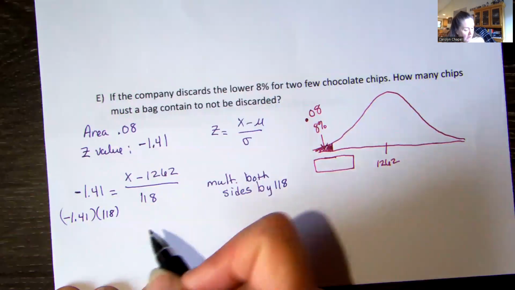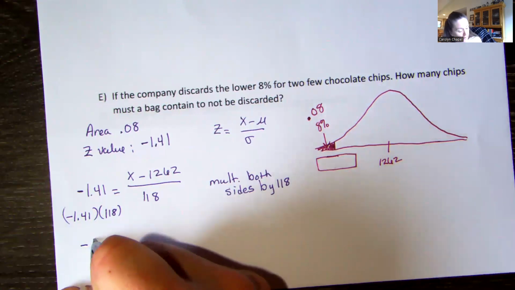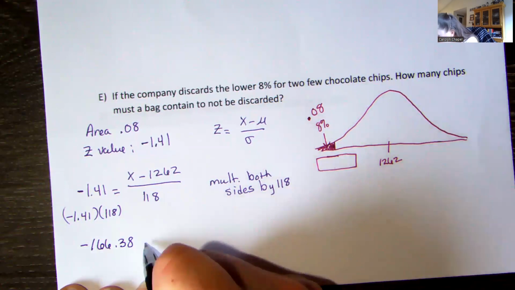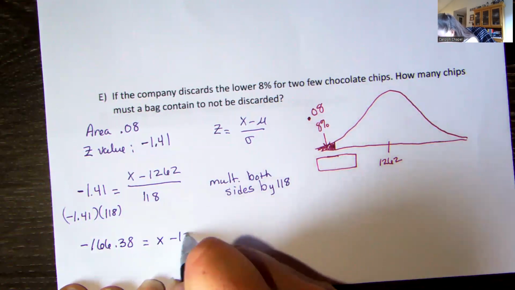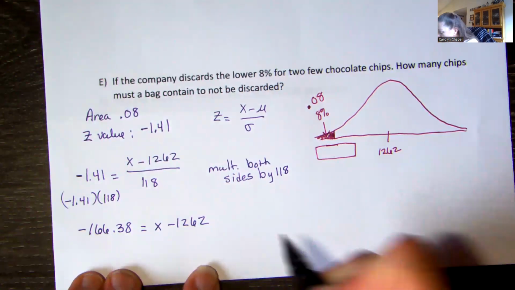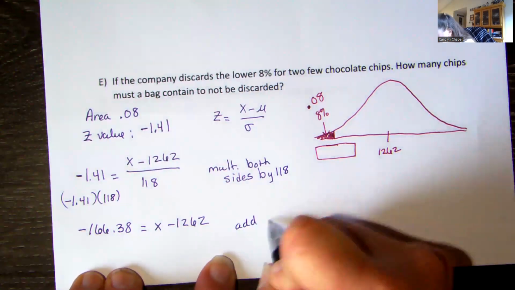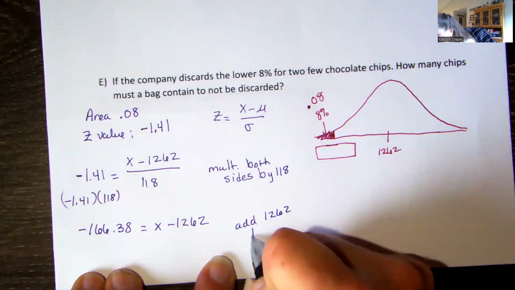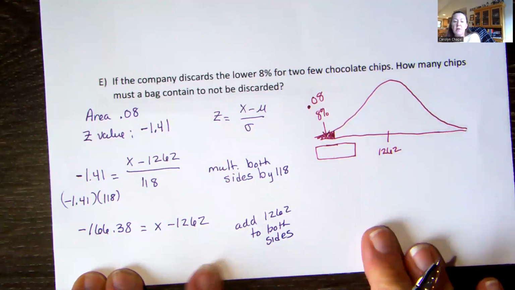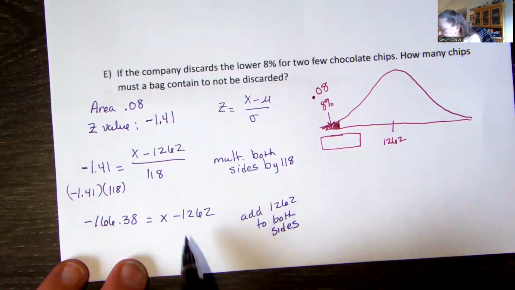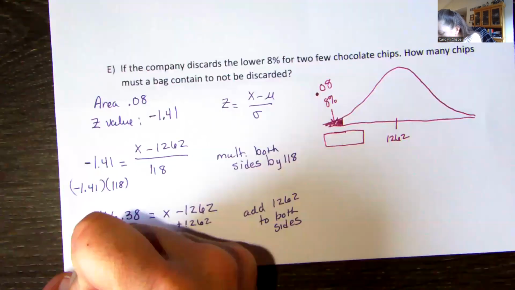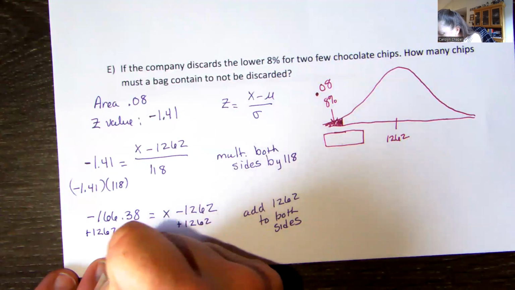On the calculator, I get negative 166.38, and that is equal to x minus 1262. Now to find x, we add 1262 to both sides. We do have to remember a little bit of our algebra skills to solve these. A lot of times textbooks also have these formulas written down somewhere for you.